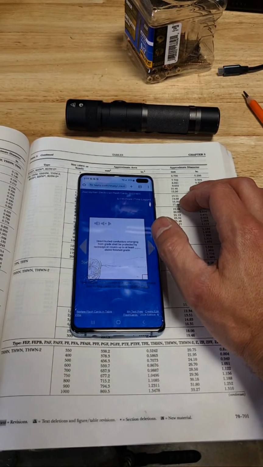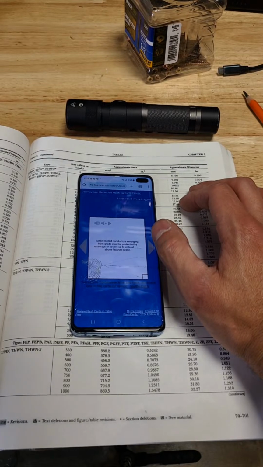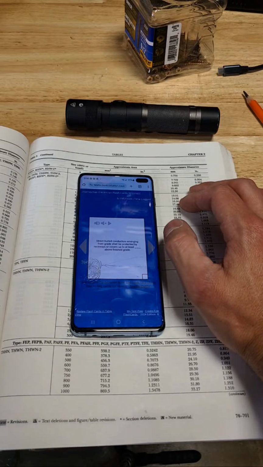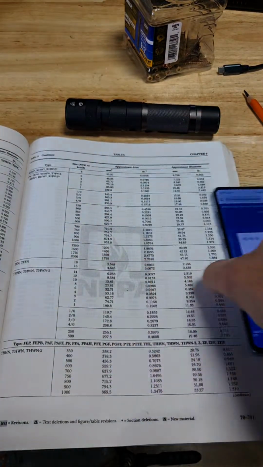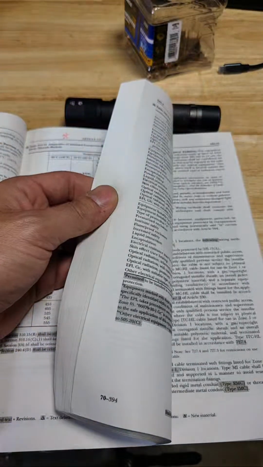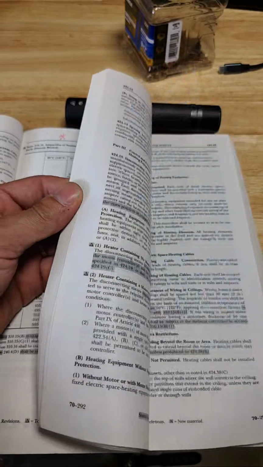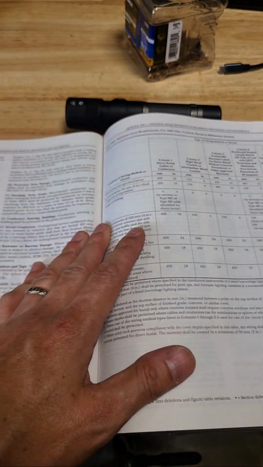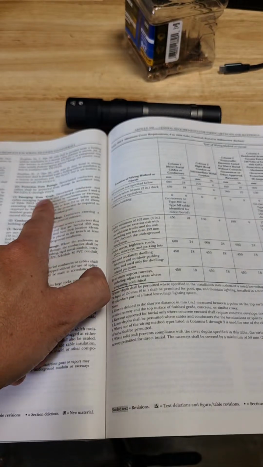Let's see here. Direct burial conductors emerging from grade shall be protected by raceways or covers up to at least blank above finished grade. We can go to wiring methods for this in Article 300. We're going to go to 300.5, because that's where it talks about underground, and that's the table. Then we're going to find protection from grade right here.